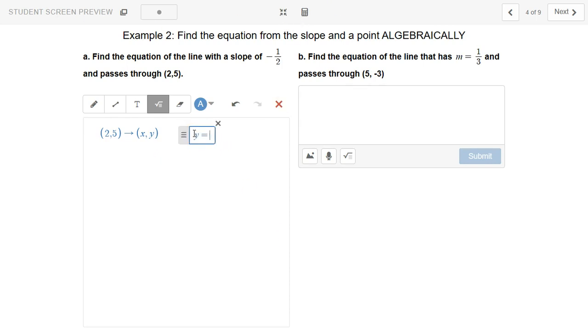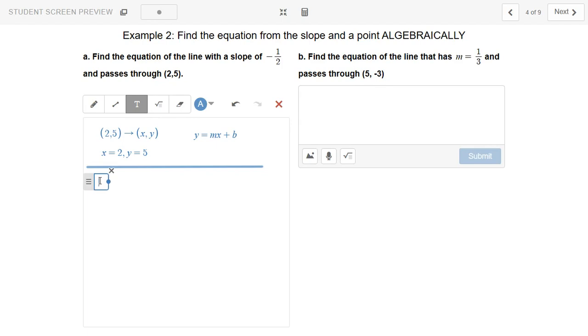So the equation of our line, y = mx + b. The x and the y here could be a 2 and a 5. Now I'm going to first write a partial equation. We know the m, but we don't know the b.